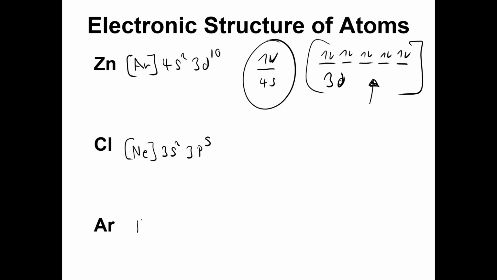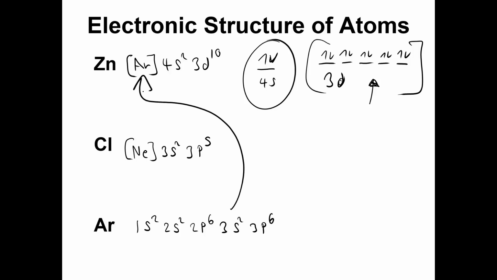Argon has atomic number 18, so it's 1s2, 2s2, 2p6, 3s2, 3p6. Pretty straightforward.